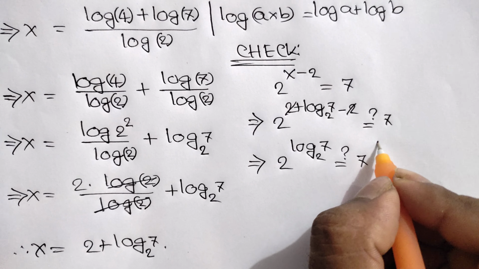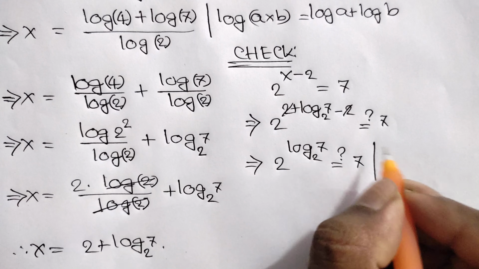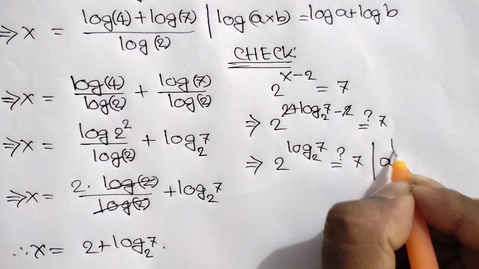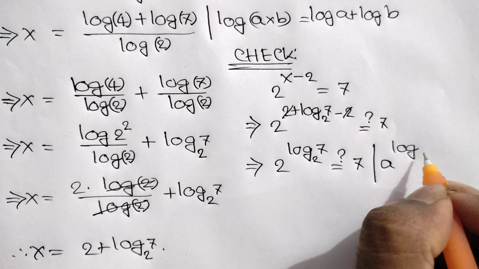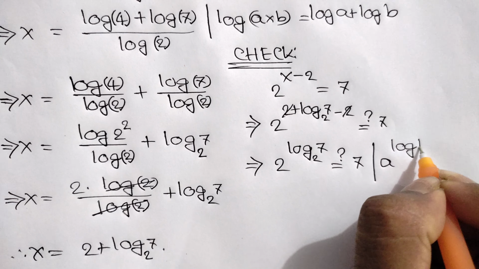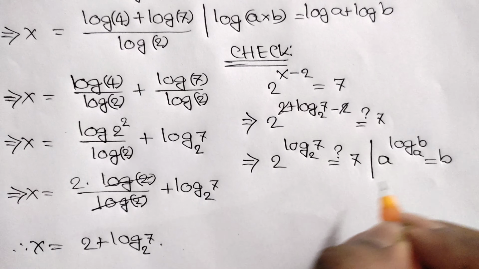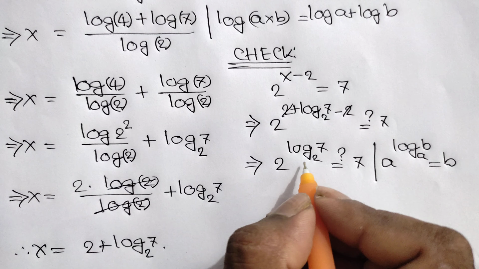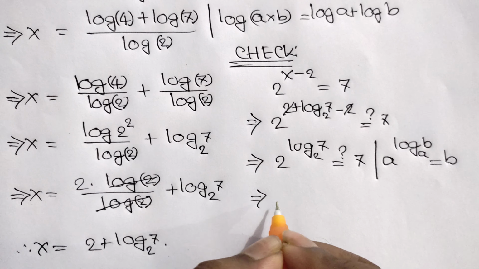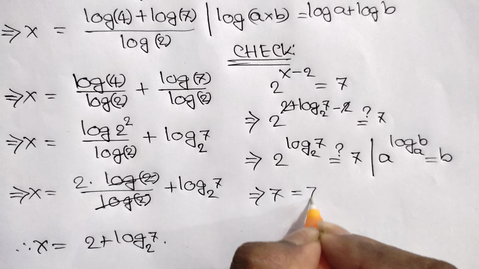Now we know a logarithm formula: a to the power log of b base a is equal to b. So applying this rule here, we will get 7 is equal to 7.